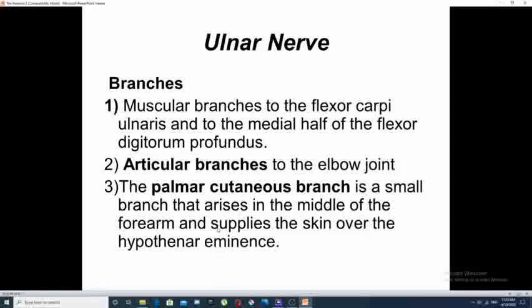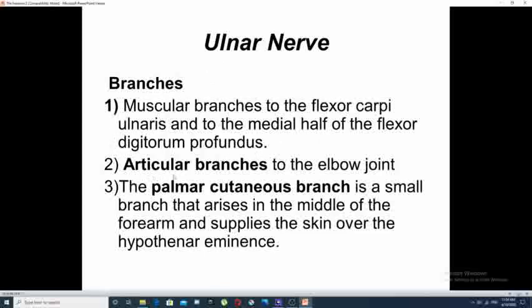Branches: muscular branches. The general rule is that all the muscles of the anterior compartment of the forearm are supplied by the median nerve, except two muscles. These are the flexor carpi ulnaris muscle and the medial half of flexor digitorum profundus muscle, which are supplied by the ulnar nerve.